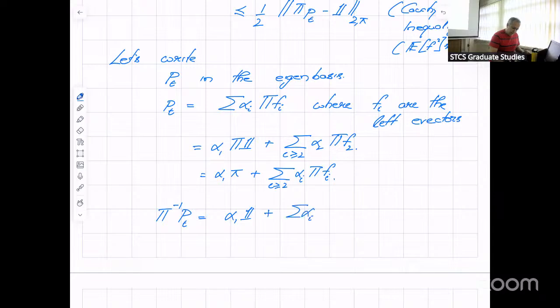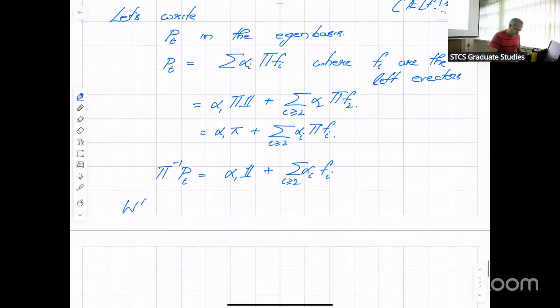summation alpha i f_i, i greater than or equal to 2. What is alpha 1? Alpha 1 is exactly equal to pi inverse P^t inner product with the all ones, but in the pi norm.